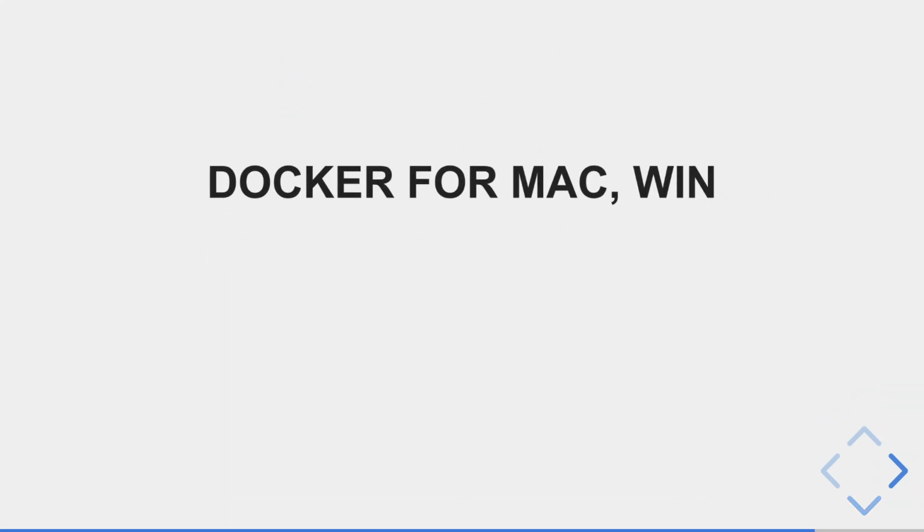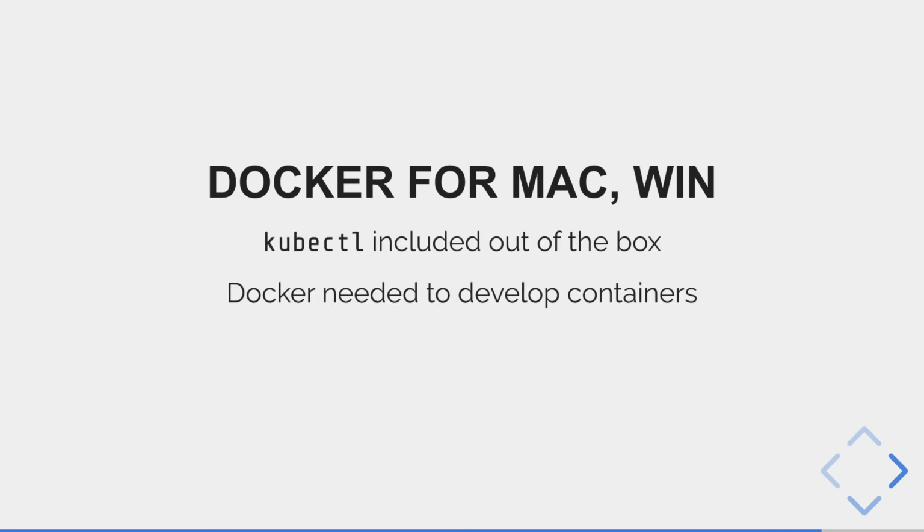Another option is to use Docker for Mac or for Windows. If you're already using Docker for Mac or Docker for Windows, you probably already have kubectl installed on your system. It's included with it out of the box. And typically, that's not so bad, because you need Docker in order to develop containers to put on your Kubernetes cluster. So it's a pretty good match.